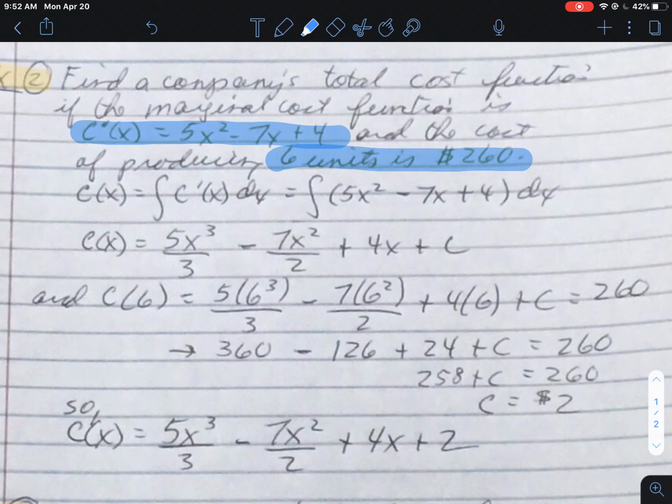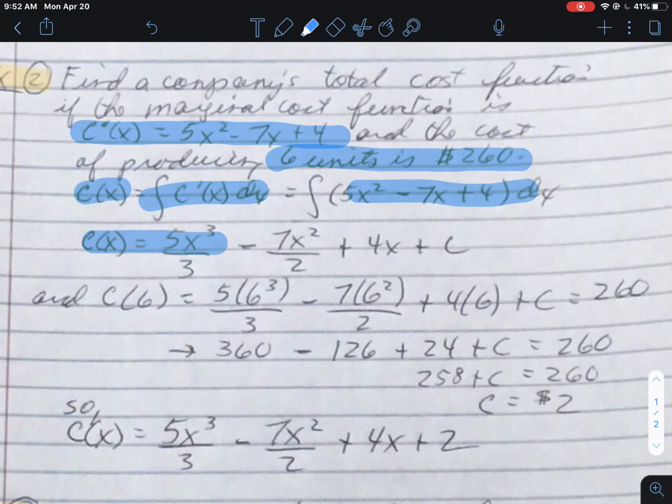So then our cost function C is the antiderivative, the integral of our derivative, our marginal cost. So C of x is the integral of C prime of x, which is the integral of 5x squared minus 7x plus 4 dx.